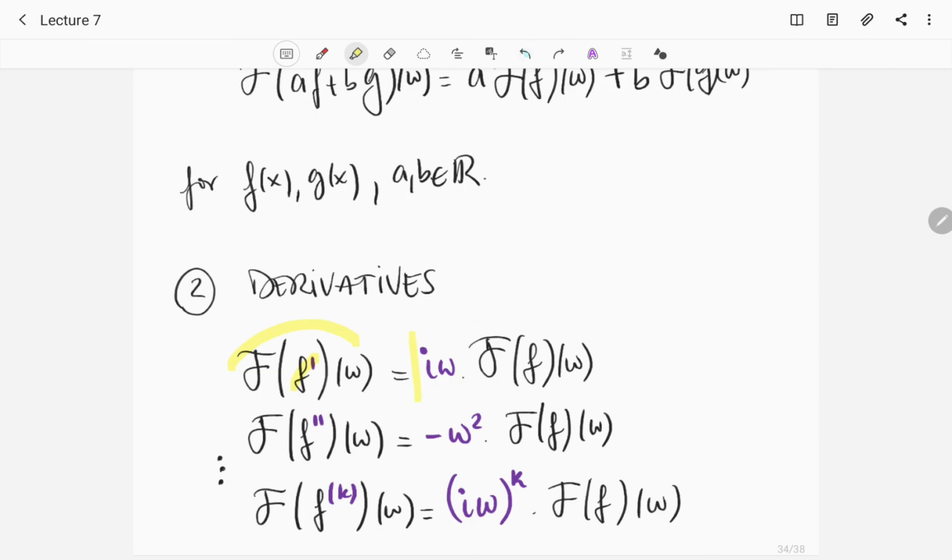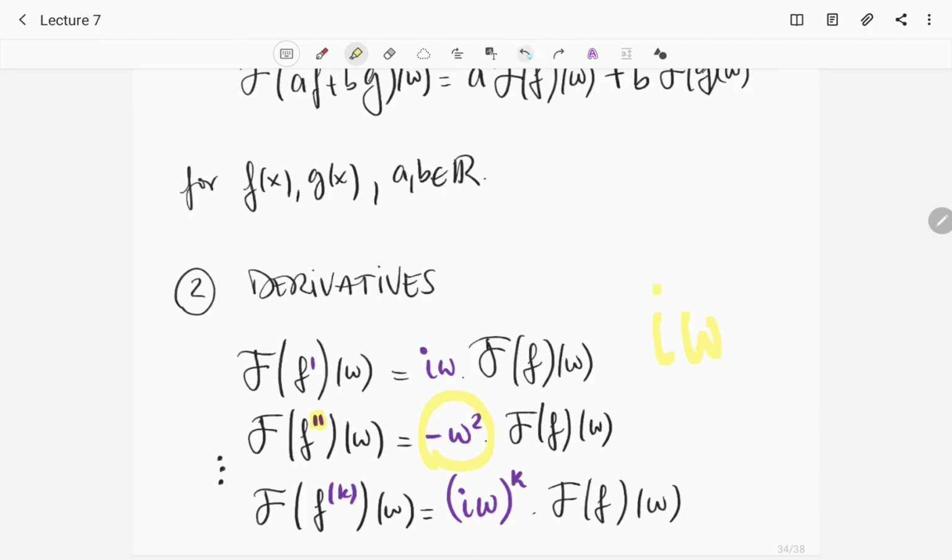If we differentiate two times, we have i omega squared, which is why we have this minus here.